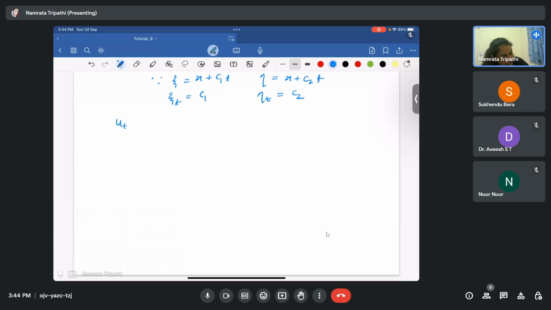So u of t will become c1 u xi plus c2 u eta. Fine. Now the value of utt means, first of all you have to differentiate with respect to xi, u of t and u of eta.